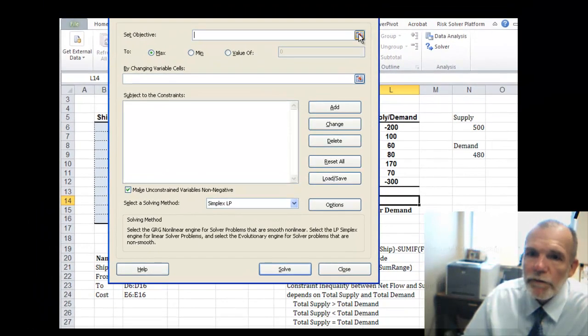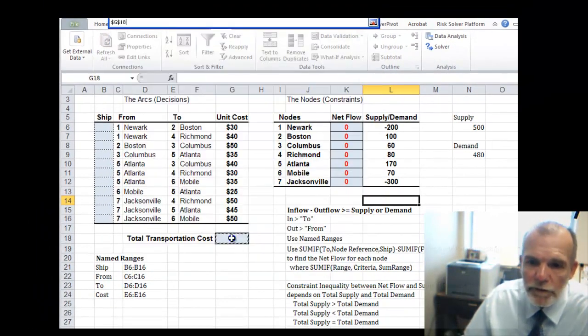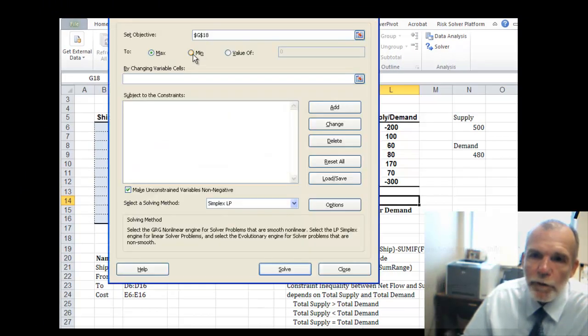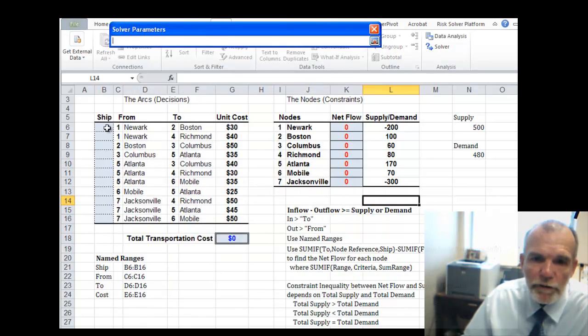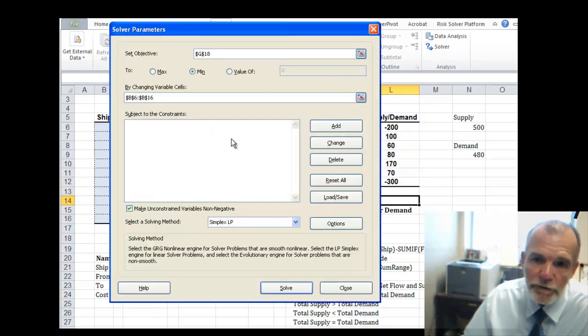Our objective cell is this value here, our total transportation cost, which we want to minimize. We're going to change cells in this shipping range. That's our decision.